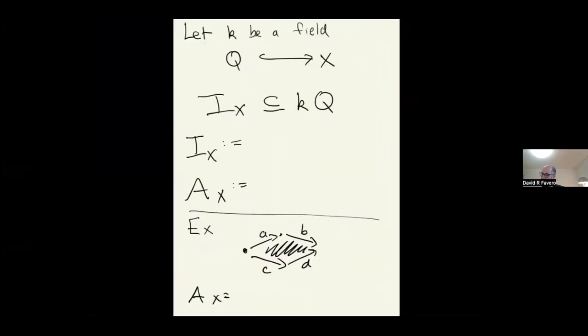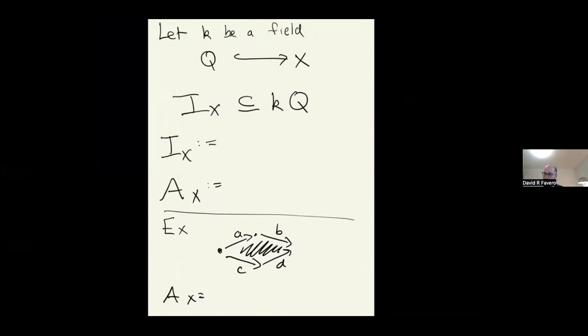So let me make that slightly more mathematically precise, right? I have some base field, even it could be a base commutative ring. And I have an embedding of Q into X. And now I want to define an ideal. I'm just going to define the ideal I generated by P minus Q such that P is path homotopic to Q. Okay. And I'm going to define the homotopy path algebra to be KQ mod I. Okay.